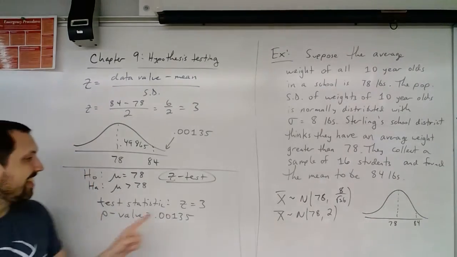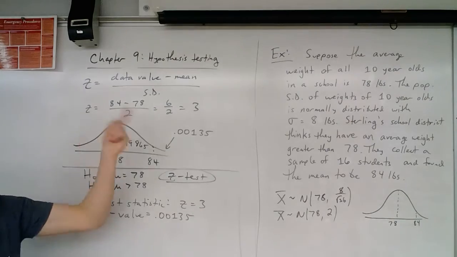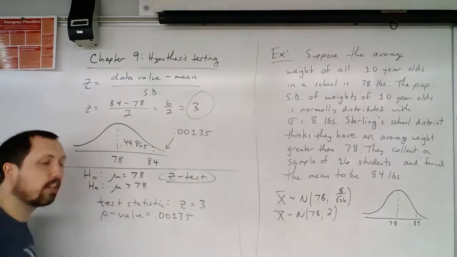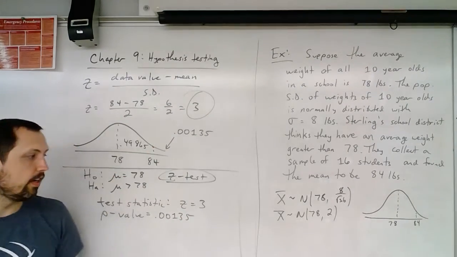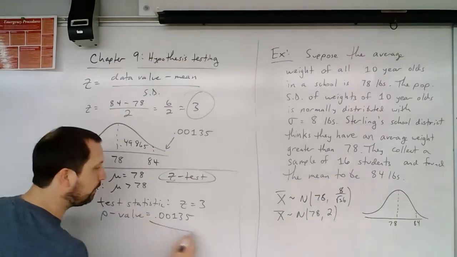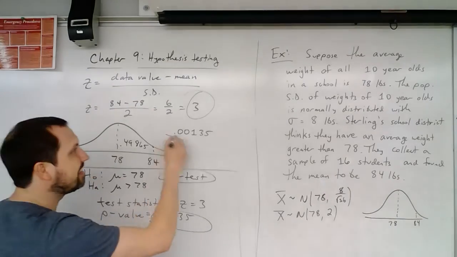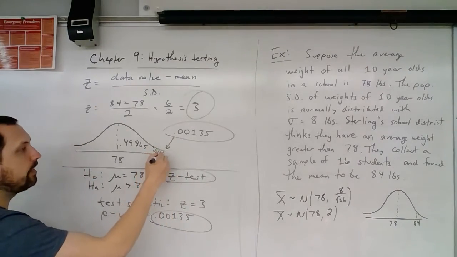So notice this test statistic is exactly the same as the z-score that we found before. And notice that this p-value is exactly the same as this area that's out here.